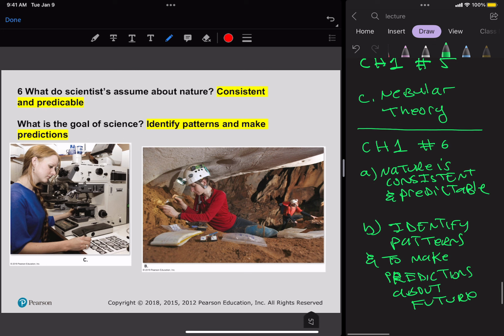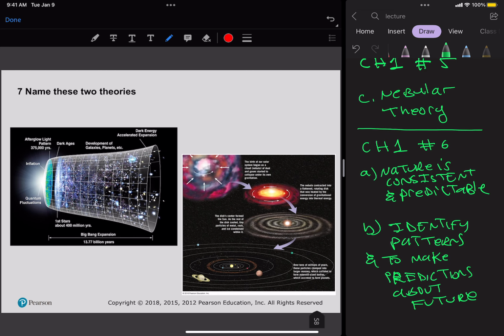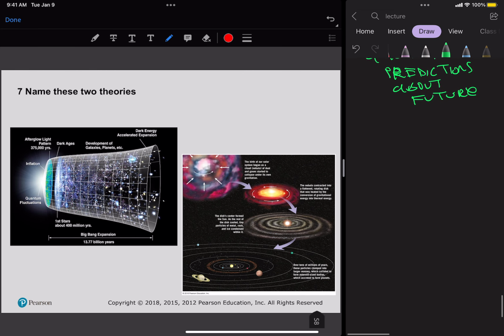Okay, so the next one, this is a little bit of a review. This is chapter 1, number 7. Let's say that this is A and then this is B. Name these two theories.